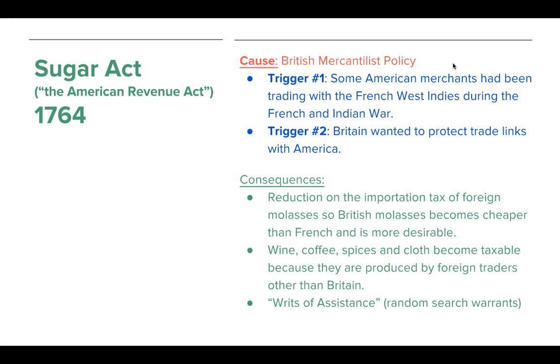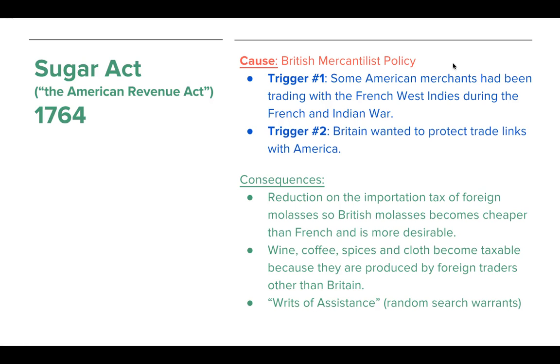But the Americans don't get everything for free. Okay, the British say, we're going to do that, but we're also going to introduce a new tax on wine, coffee, spices, and cloth because you have been trading with foreign traders, which you weren't supposed to do. And if you want to continue doing that, then we're going to tax you. So every time one of those products comes in, we're going to make sure that we benefit from it ultimately.